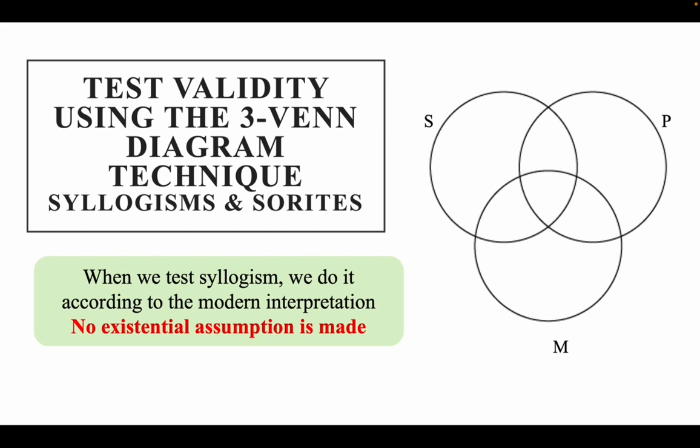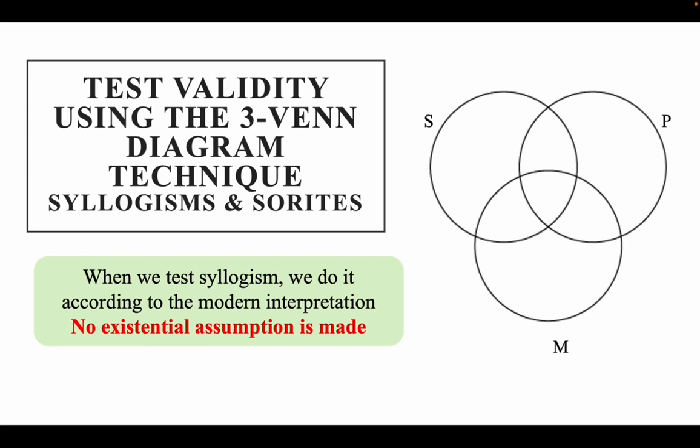If you don't know what I'm referring to, I recommend watching my previous videos where I explain the difference between the traditional and the modern interpretation of logic. That would be the video where I explain the traditional square of opposition and the modern square of opposition.